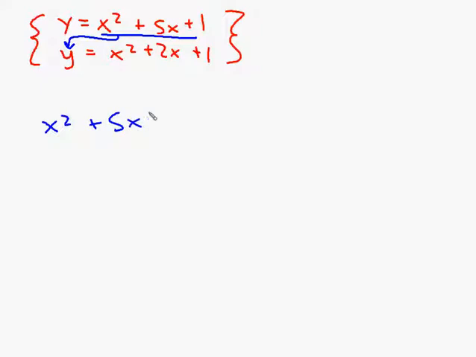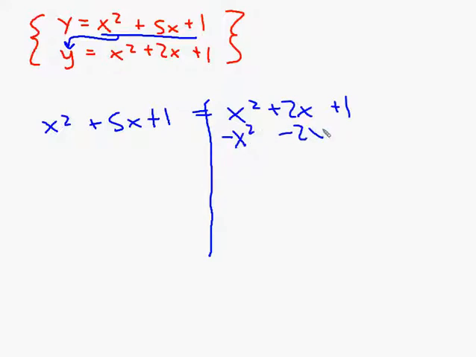And now what I've been wanting to happen actually happens. I said earlier, what we would really love is for the x squareds to cancel, and this time they will. I get everything to one side, so I subtract all of this stuff over, and on the right, I'll have a 0.